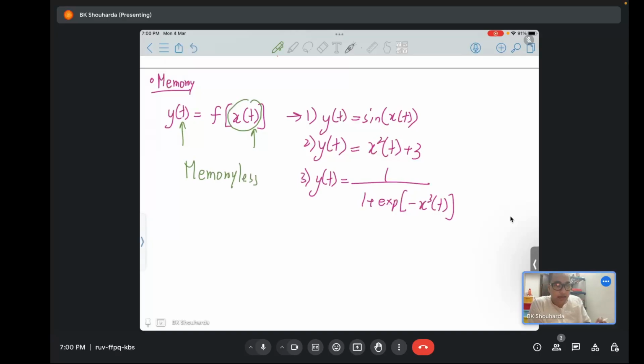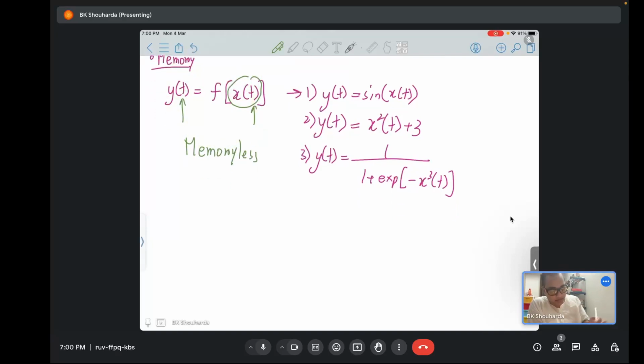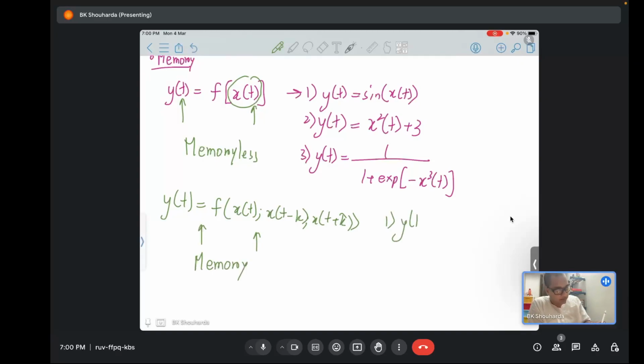Okay, and this is the memoryless property. If y of t is a function of, let's say, x of t comma x of t minus past, or x of t plus future, this suggests that this system has memory. For example, y of t is x of t minus 2, y of t is x of log of 1 plus t.